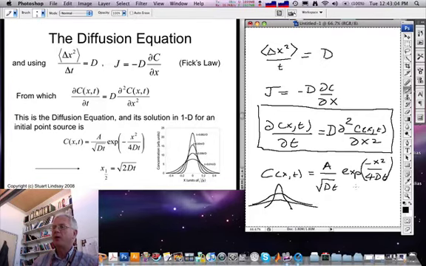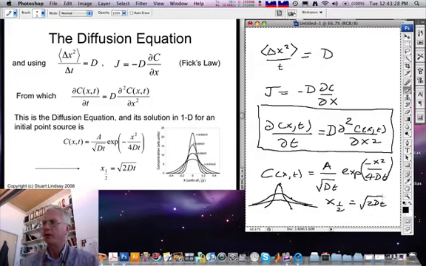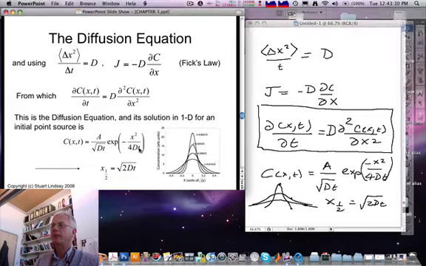Now, if we take a look at the half-width of this distribution, in other words, we ask how far the halfway point of this distribution moves in time, we obtain the result that this half-width is the square root of 2Dt, approximately. I'm ignoring the term in front of the Gaussian.